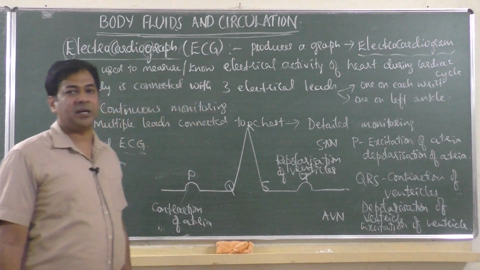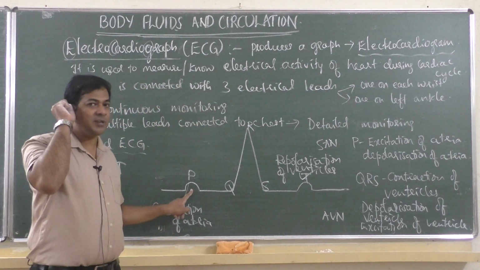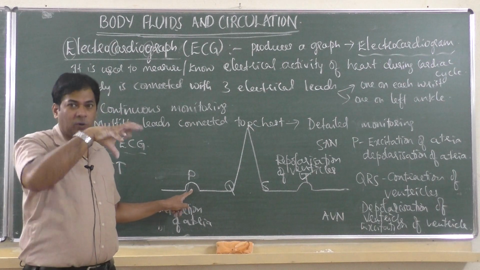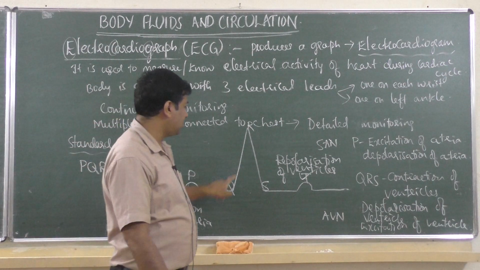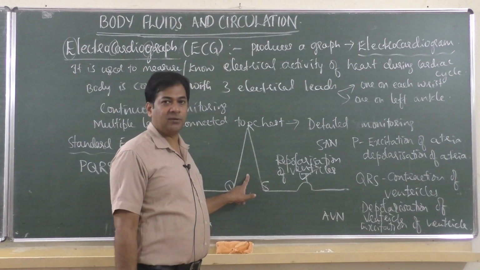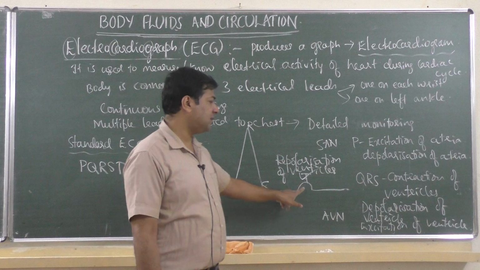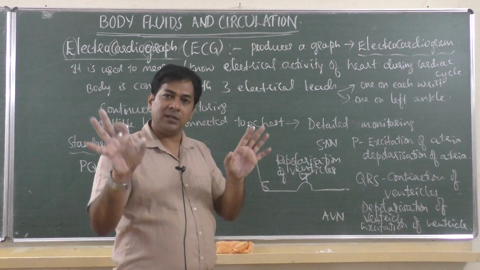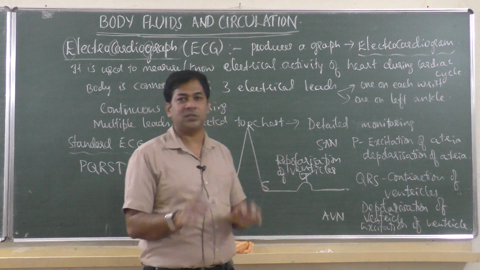Okay, once again I repeat. P stands for when auricles pump blood, that is contraction of auricles. Then QRS stands for when ventricle pumps blood, that is contraction of ventricle. Then T is when ventricles have already pumped blood, no blood in the ventricle, it comes back to normal state.